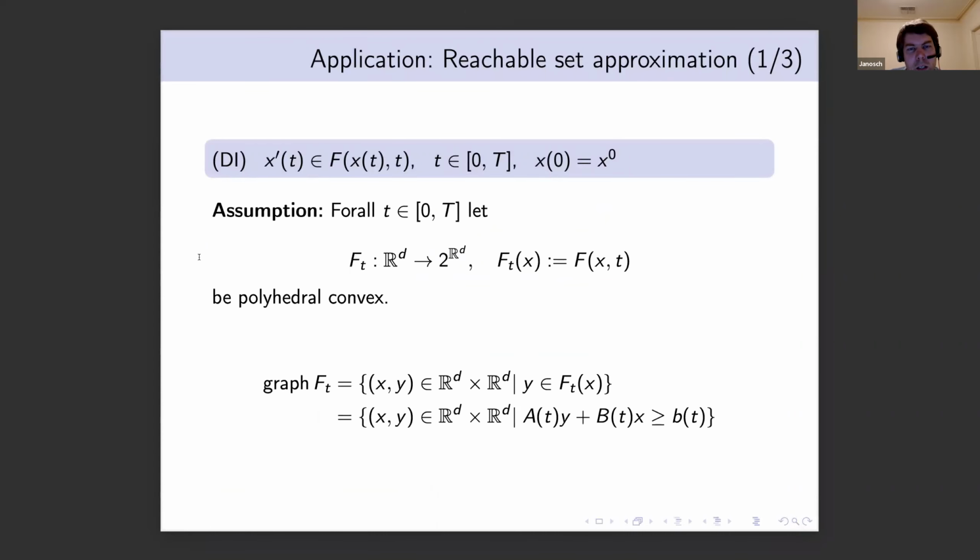So what is this? Okay. So the matrices depend on time only. Okay. Then I understand what's going on, because otherwise it gets very complicated. Even if it's polyhedral, if it depends on x also, it gets very complicated.